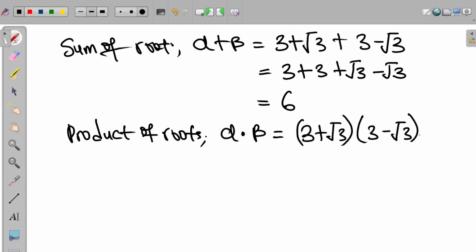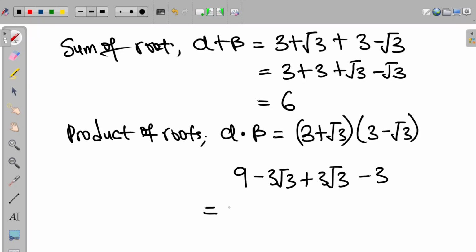So at this point, we can expand the bracket. So 3 times 3 is giving us 9. 3 times minus root 3 is minus 3 root 3. Root 3 times 3 is plus 3 root 3. And root 3 times minus root 3 is minus 3.